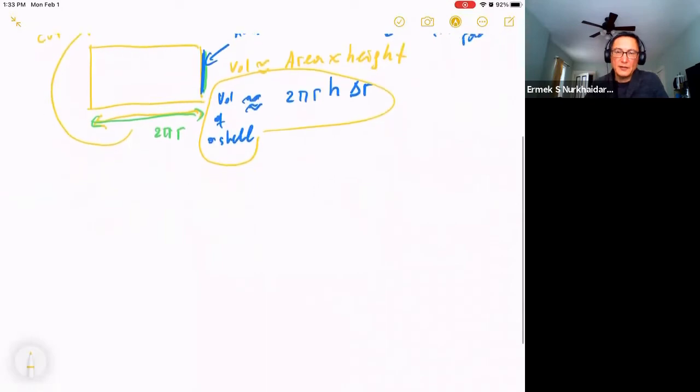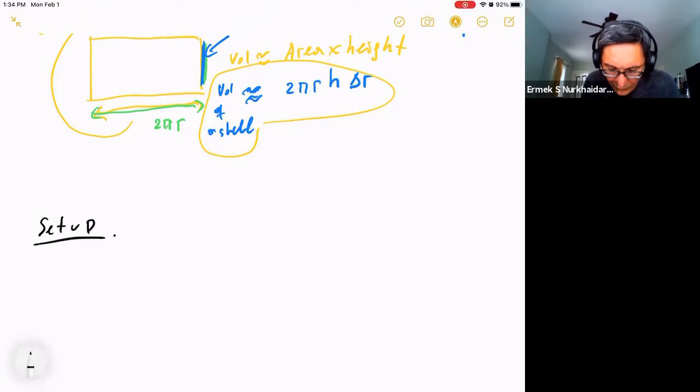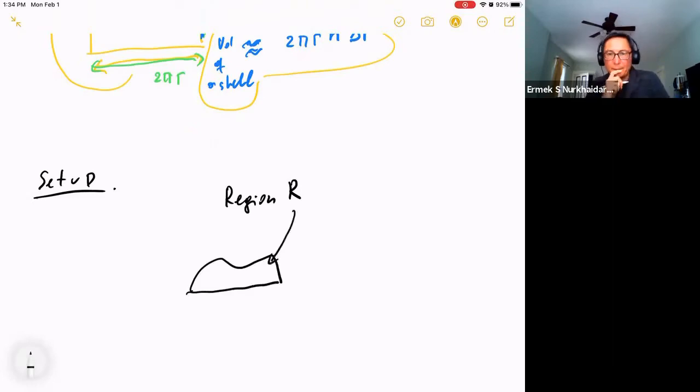Now let's see what kind of situation we're going to have. We have a region R, some kind of region, not sure what kind. And we are rotating it around some axis.